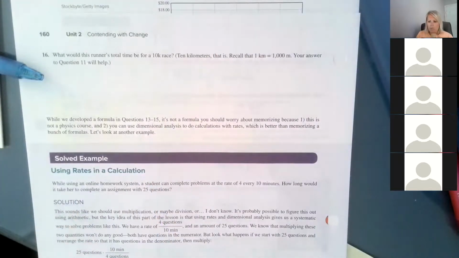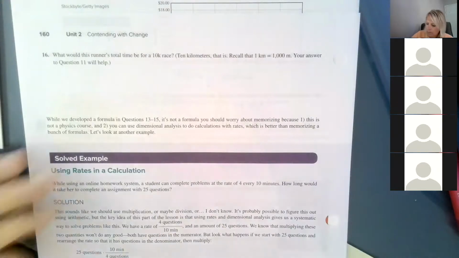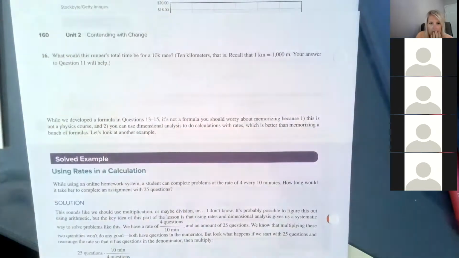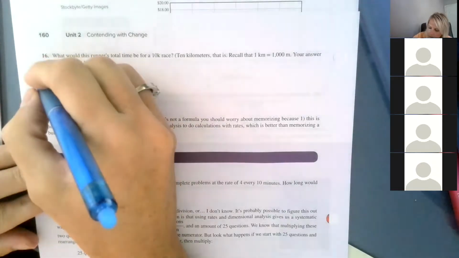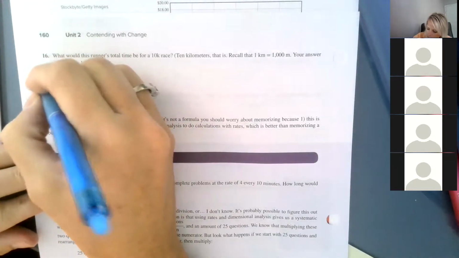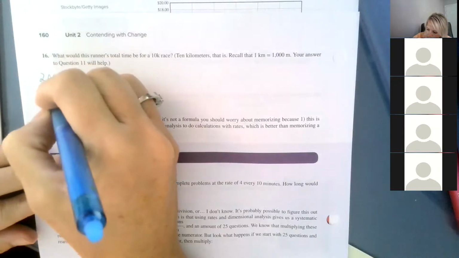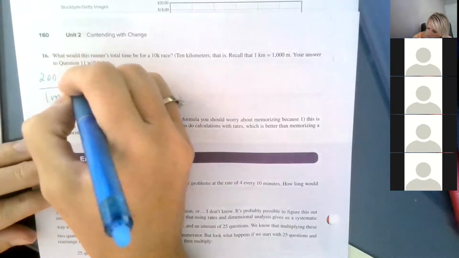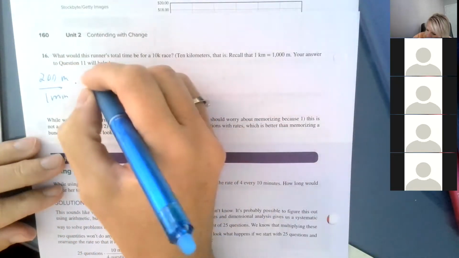Mine was a little complicated, but basically I did a conversion to how many kilometers it would be per minute, which was 0.2 kilometers per minute. So can you walk us through how you got there? Yeah, I did the dimensional analysis of 200 meters over 1 minute times 1 kilometer over 1,000 meters.